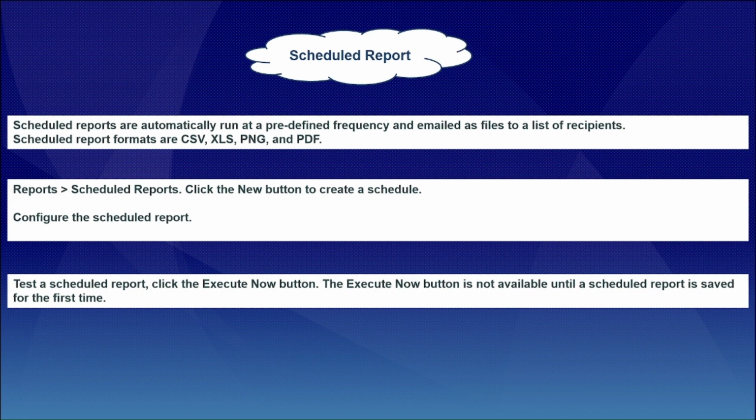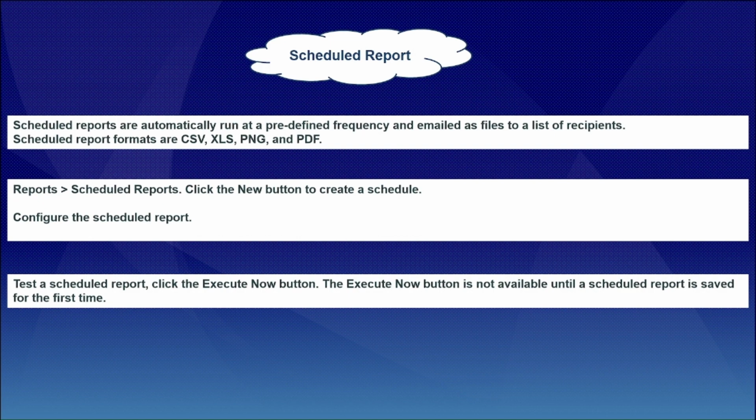How can we test on the current scenario basis? You can execute it right now. We have this functionality in ServiceNow, so you can test the schedule at the same time. Once you save the scheduled report, you will get an Execute Now button.